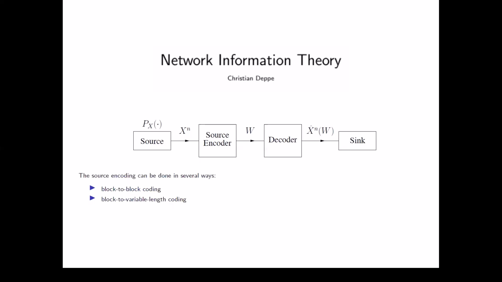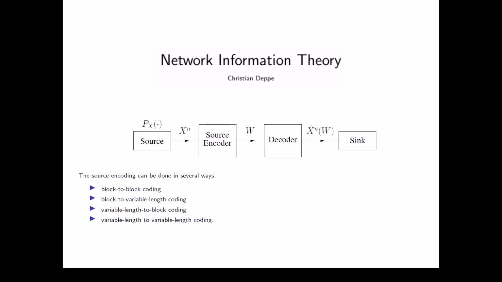These two cases we will consider, but there are several more cases. Of course, we can assume that the source puts out some variable lengths and it will be encoded in a block code, or we go from variable length to variable length.